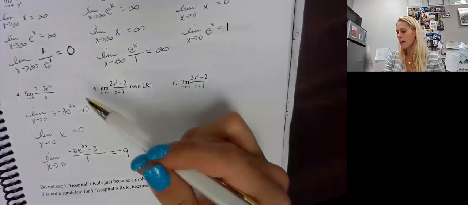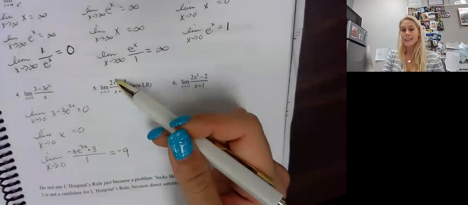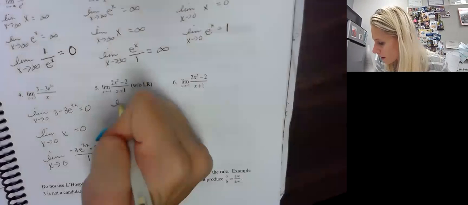Okay. Number 5, it's saying that it wants us to do the limit without L'Hopital's rule. So, of course, the first thing we look at is, hey, if I plug in right now, I get 0 over 0. So there must be a way I can simplify it. And you guys see how we can simplify it?